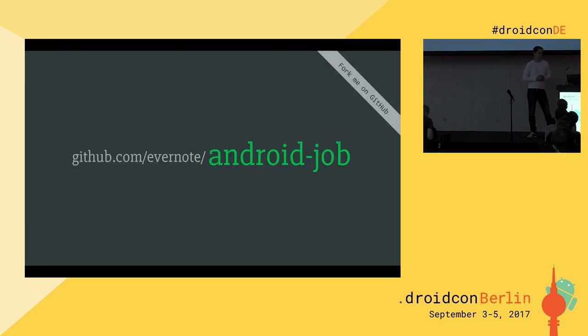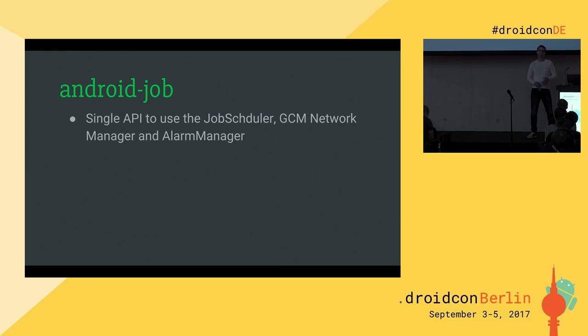We had the same problems at Evernote, and I implemented a library called Android Job, and it's doing all of this work for you. Android Job provides a single API for all the other existing APIs, and it's a wrapper around the job scheduler, GCM network manager, and alarm manager. It supports all API 26 features. For example, new requirements were introduced with Android Oreo.